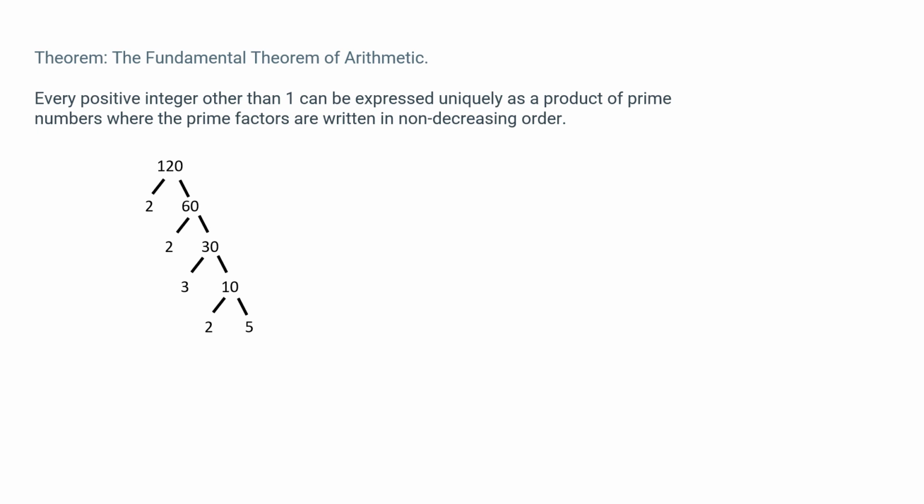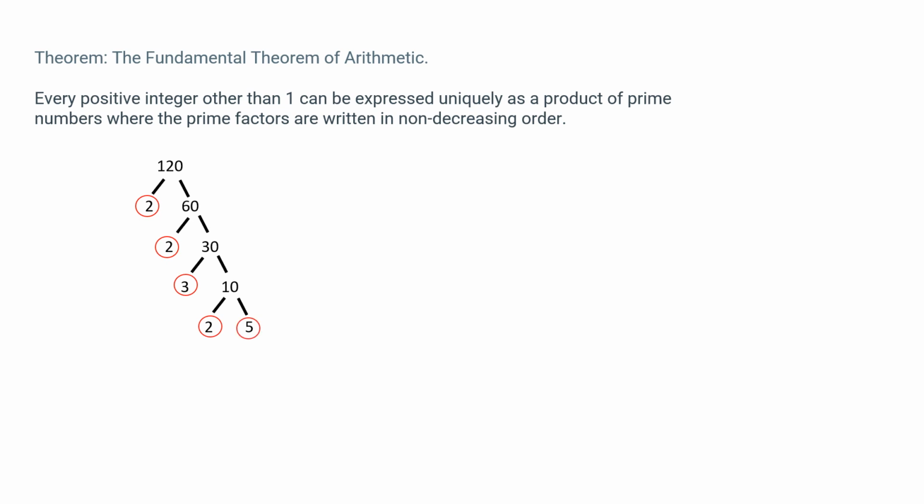So you just come up with a tree like this, where at the end of each branch, you try to factor it some more by writing it as the product of two numbers. But then you see that there are some branches where you can't go any further. So like the 2's here, we would have to stop. Then we have the 3 and the 5, we'd have to stop. Now, let's look at all of the ends of the branches where we had to stop, and we see we have these numbers here.